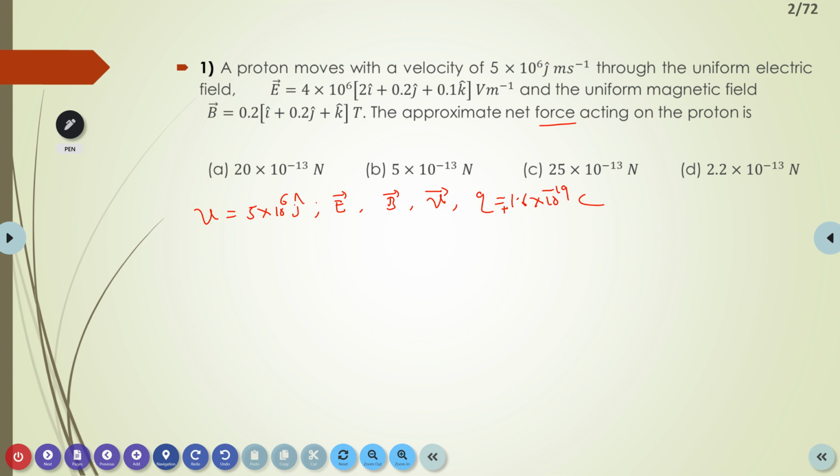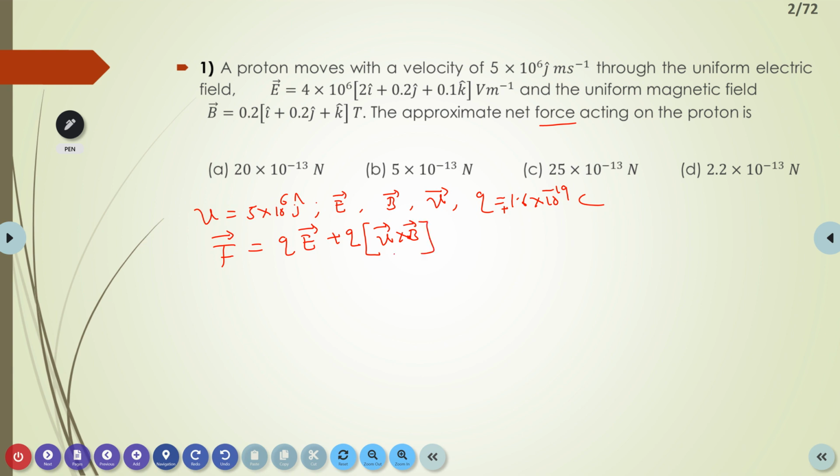This problem is based on the Lorentz force. What is the Lorentz force? You know that F bar equals Q into E bar plus Q into bracket of V cross B bar.